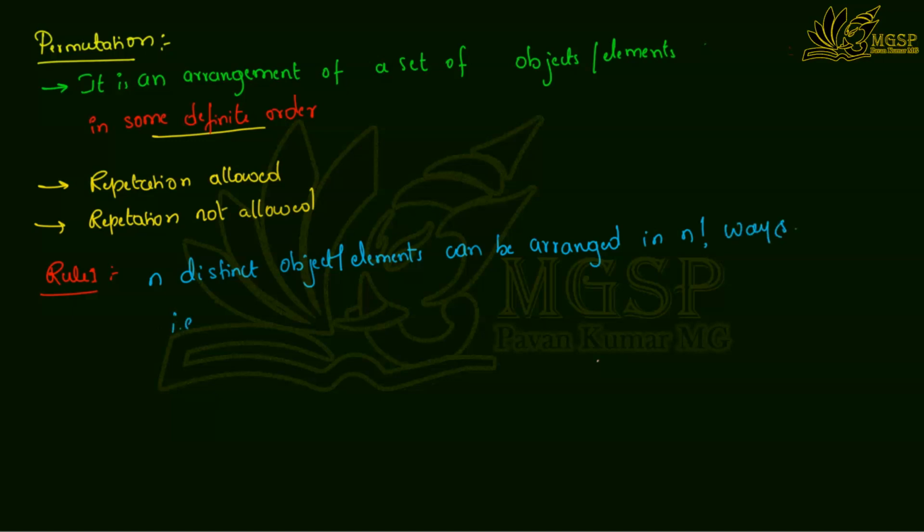That is the formula nPn is equal to n factorial divided by (n minus n) factorial. This is the formula we have. Usually we have nPr is equal to n factorial divided by (n minus r) factorial, right?